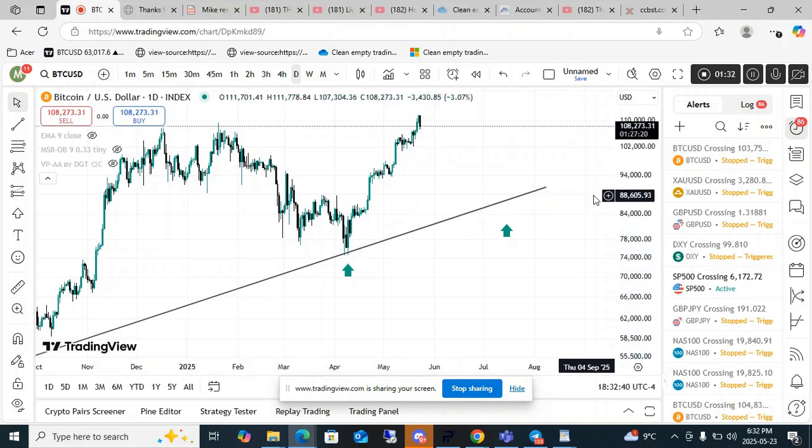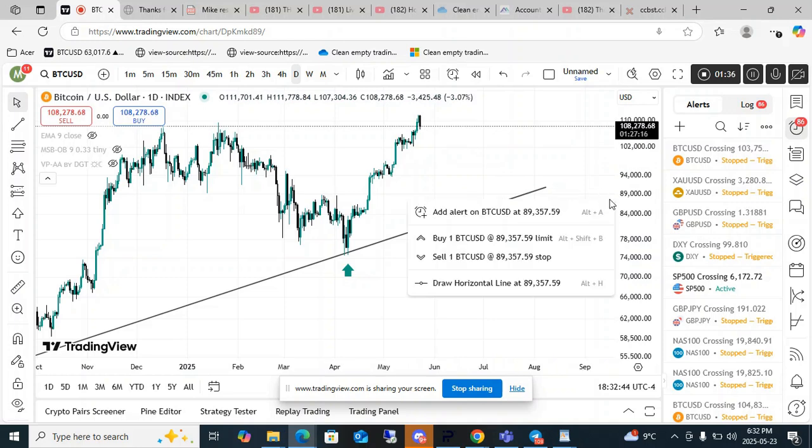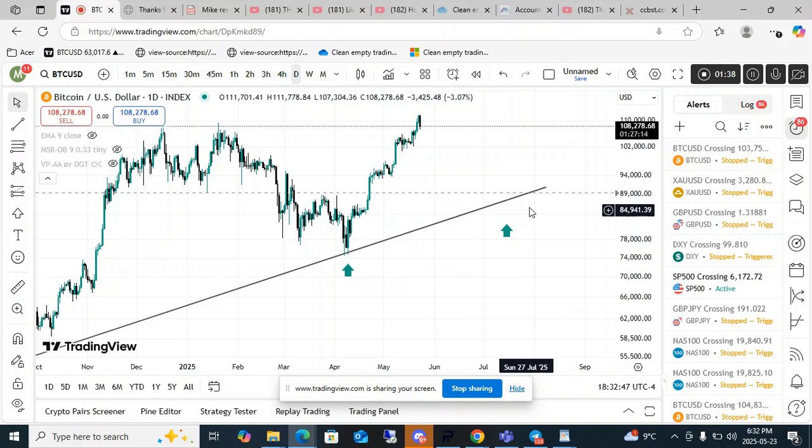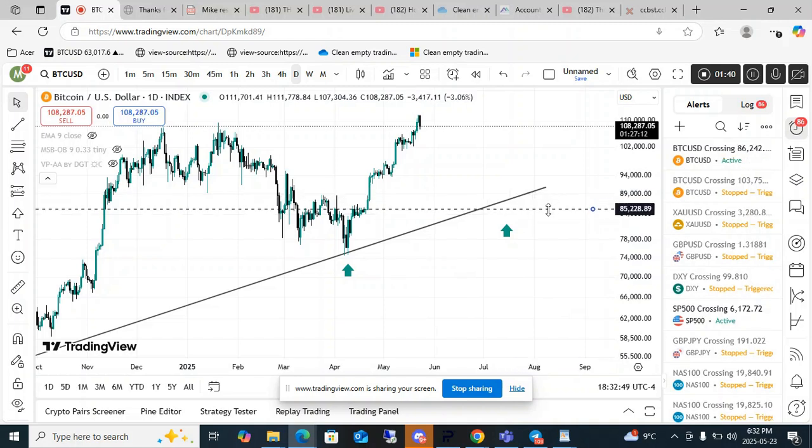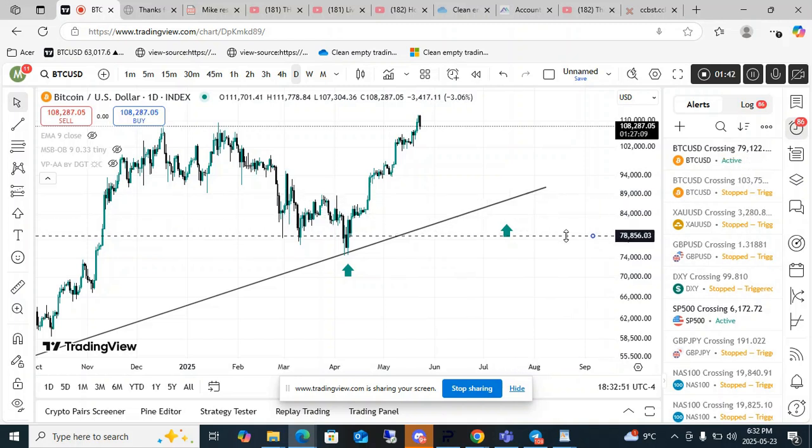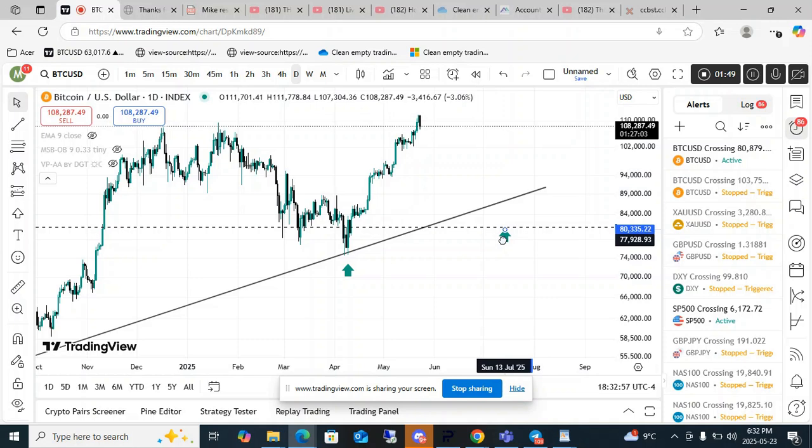Usually I put an alert and keep waiting for it. Anytime BTC comes here, my alert will trigger, then I buy. I don't even waste time or think twice.